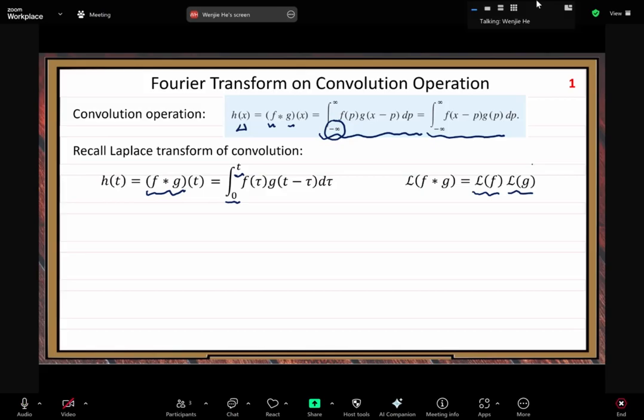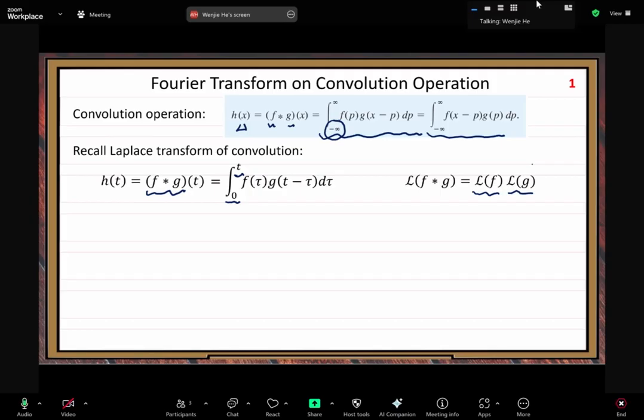Now let us go to the Fourier transform case. It's a similar property, because if you consider the definitions of the Laplace transform and the Fourier transform, the structure is pretty similar. They are both integrals, so we call them integral transforms.